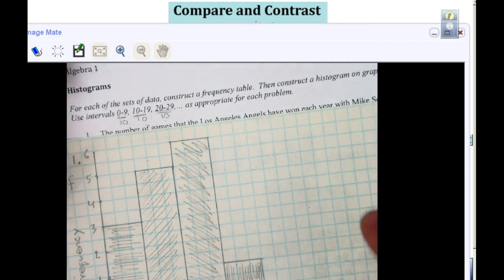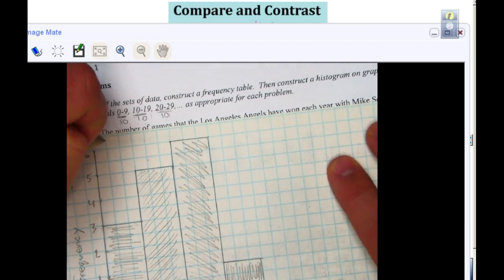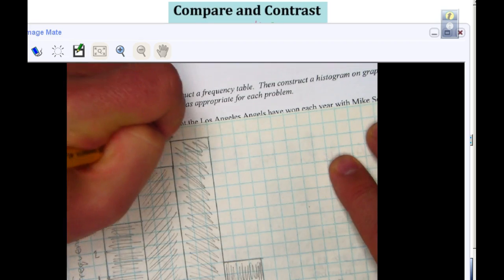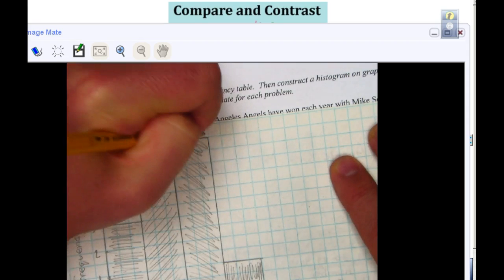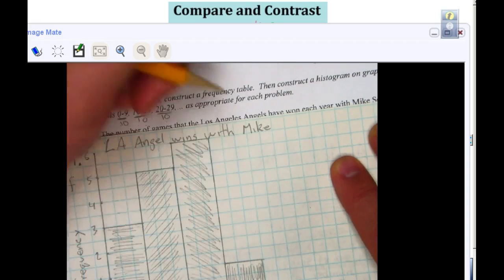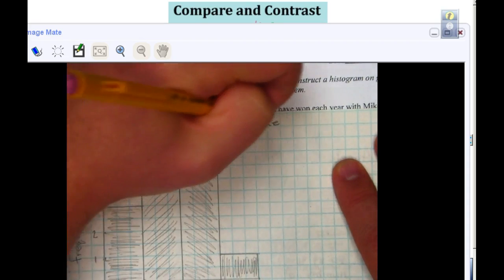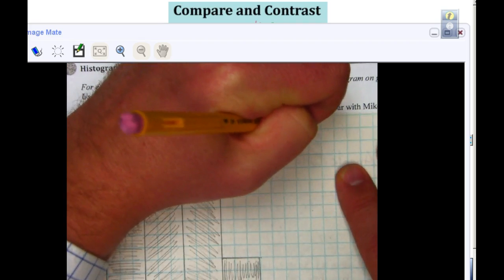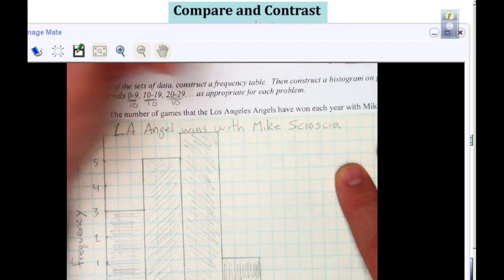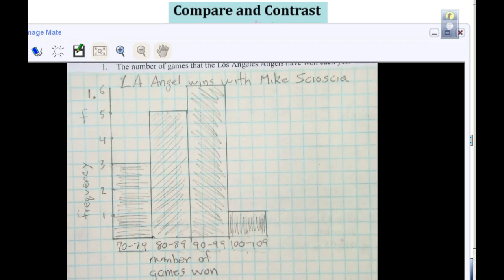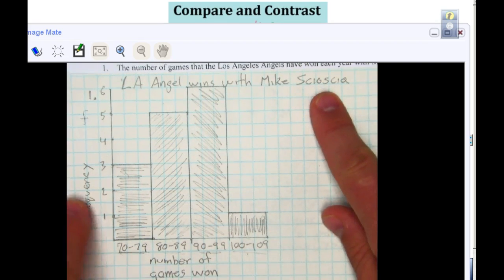So we could say LA Angels wins with Mike Scioscia. Okay. Now it's complete, and that's often left off.